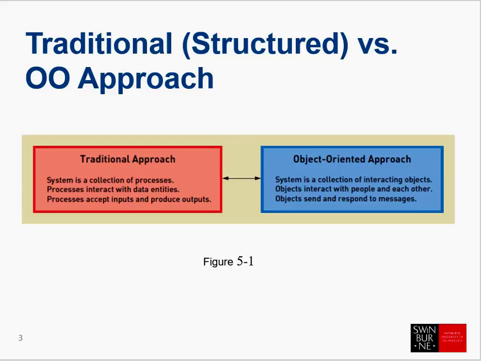These methods allow objects to interact with each other and with the people using computer applications. One object might ask another object to do something by sending a message.